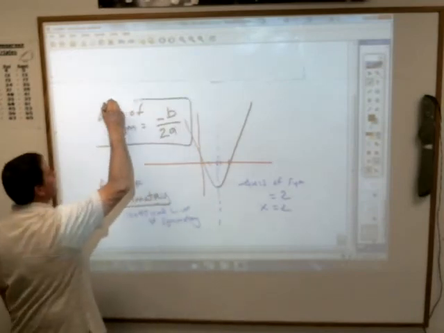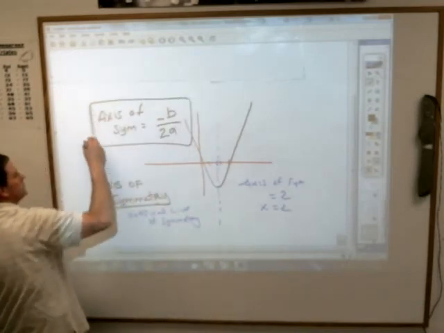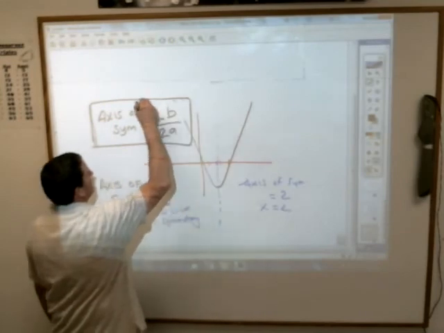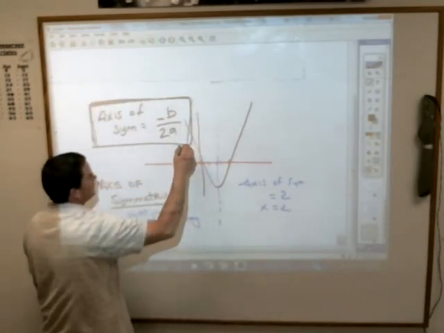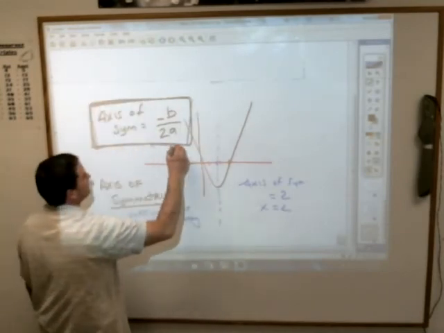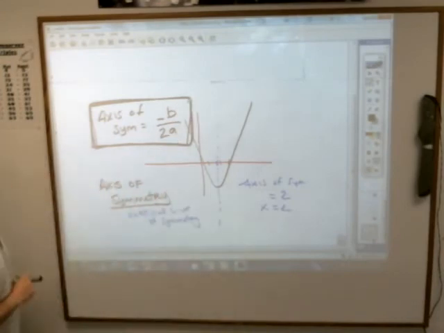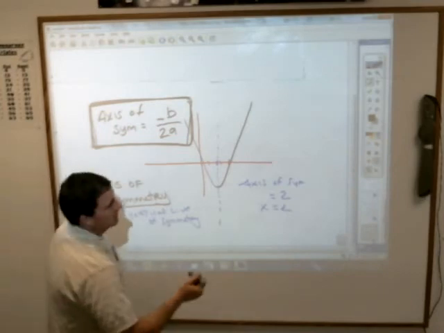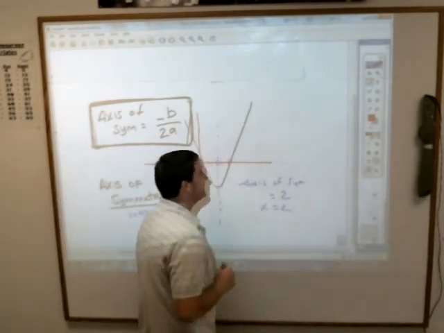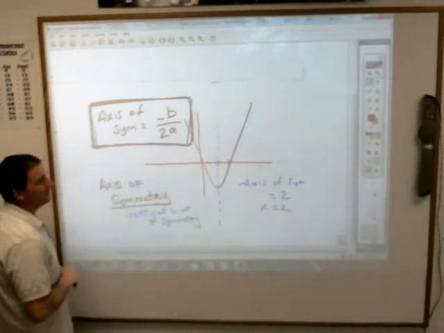Make that in big, bold, beautiful letters in your notes, because that is very important. What does that mean? Anybody? Slope? It is not the slope, it's the axis of symmetry.